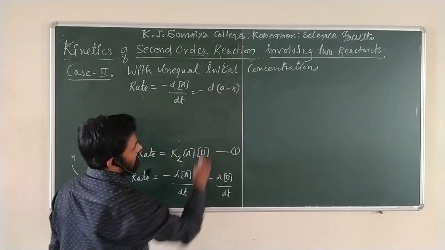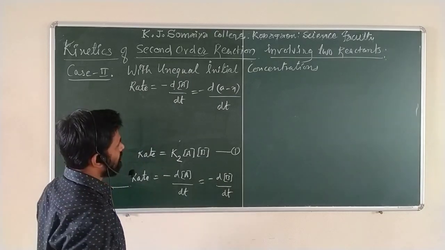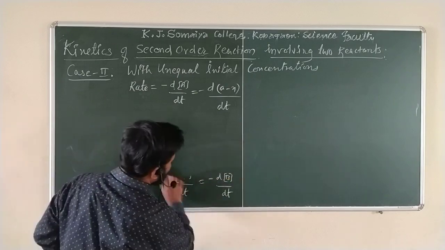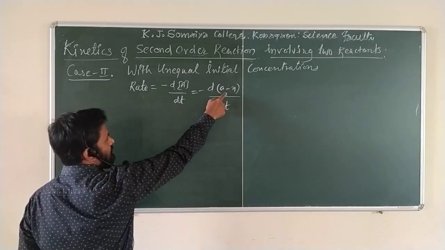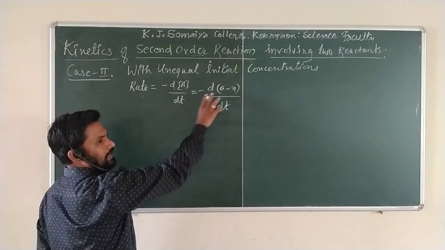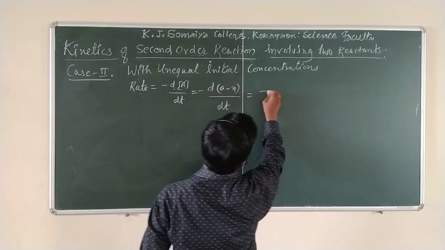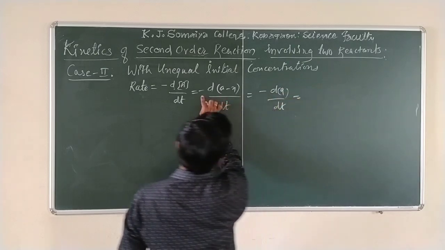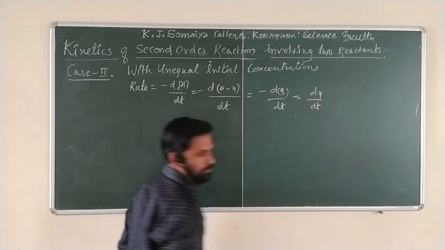Are you getting my point? We can write it in two ways. Why am I simplifying this? Because a minus x is a different concentration and b minus x is a different concentration, and we have to consider A and B in one concentration. So this can be differentiated: minus dA with respect to dt equals minus minus, you will get plus, therefore dx upon dt. This is the one value.